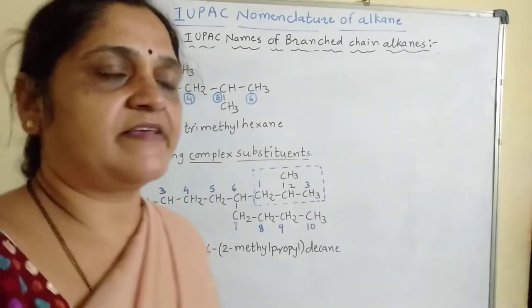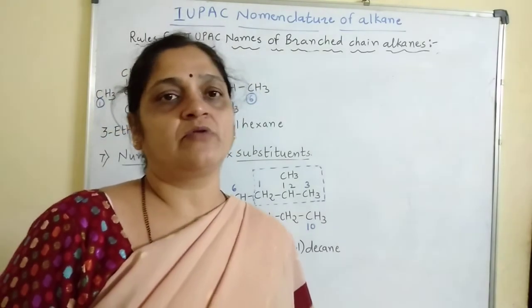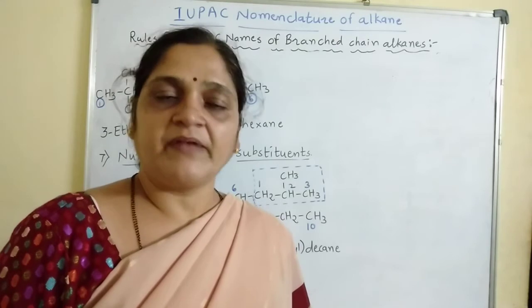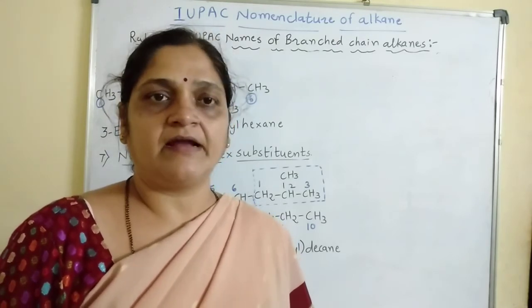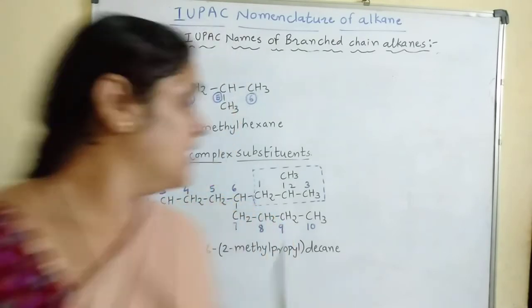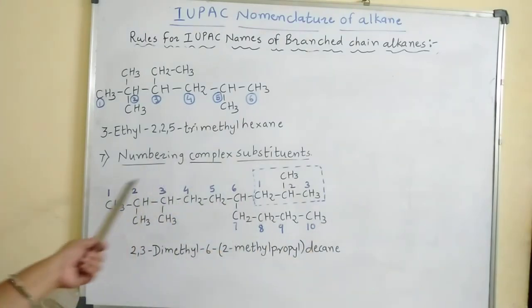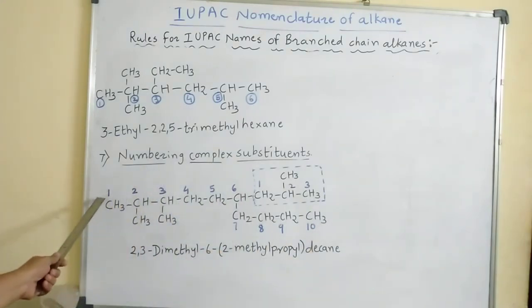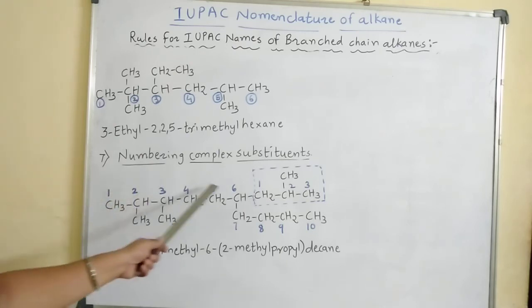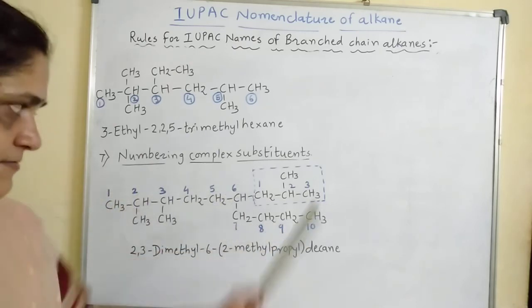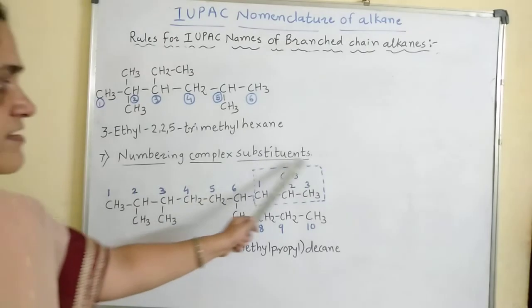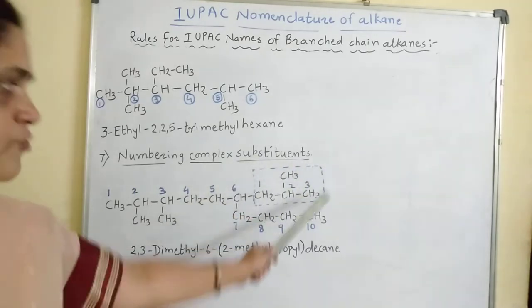Now coming to the next point, that is how to write the name of the complex substituent present in the parent hydrocarbon chain. See here, this is one of the examples for that. Here I have numbered from left hand side to right hand side 1, 2, 3, 4, 5, 6, 7, 8, 9 and 10. And I have considered this group as a complex group.